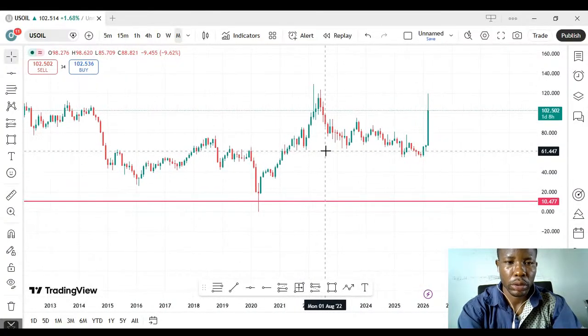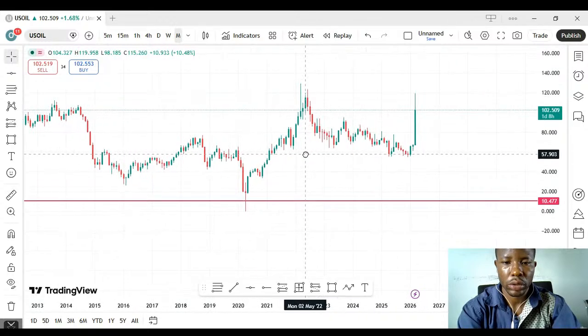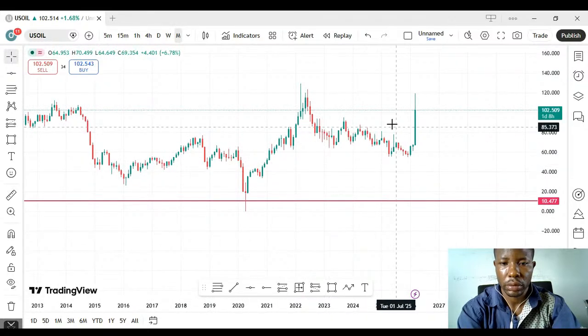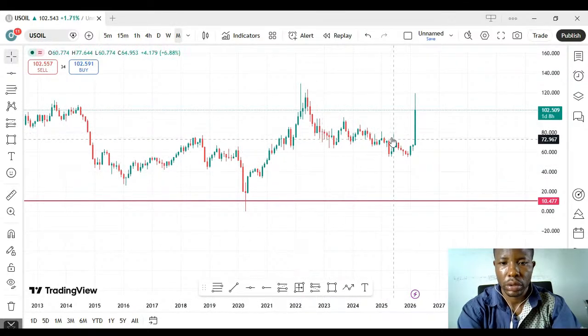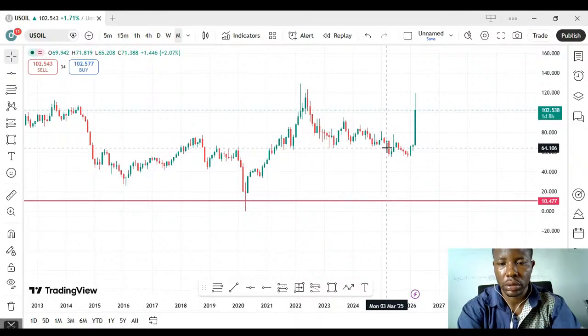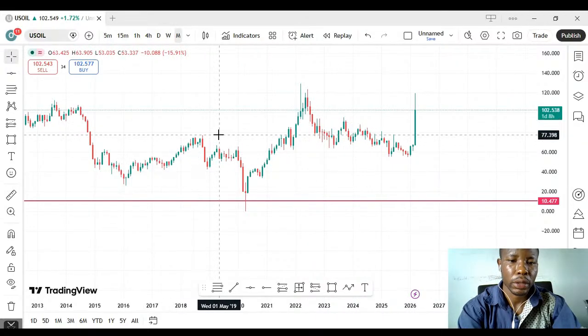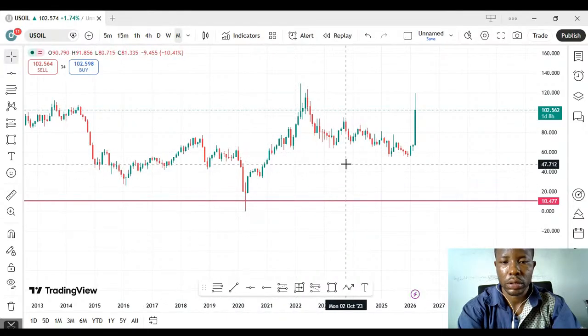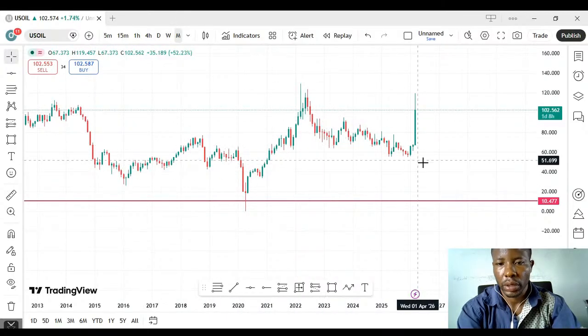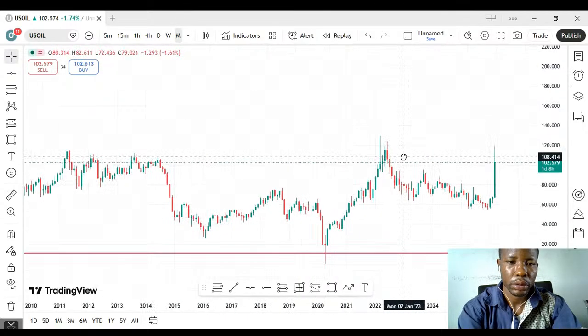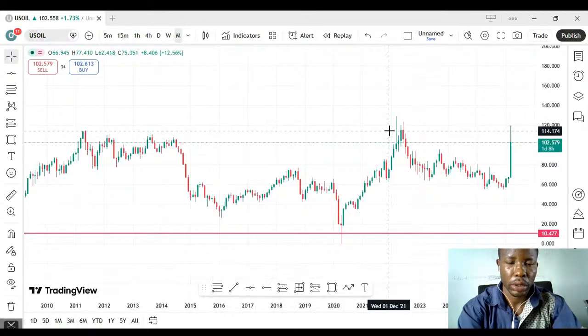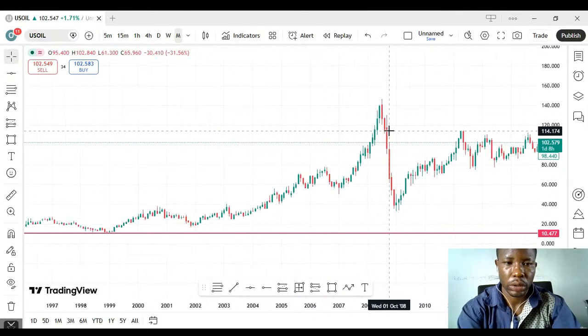So the majority of what it does is consolidation, just consolidating, coming down. The push to the downside is not as aggressive as it was in previous years.